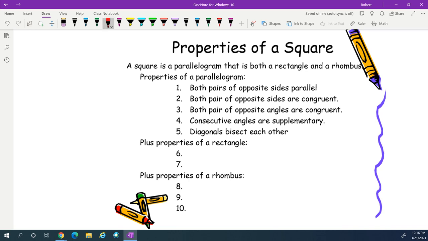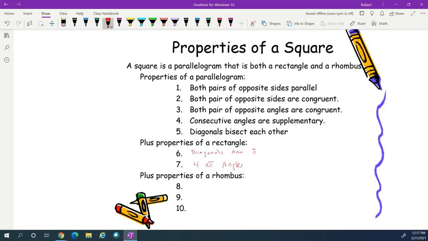If we fill in a few blanks, we have the 5 properties of a parallelogram. We learned 2 about rectangles. We learned that the diagonals are congruent and that we have 4 right angles. All the corners are right angles. The sides are perpendicular.